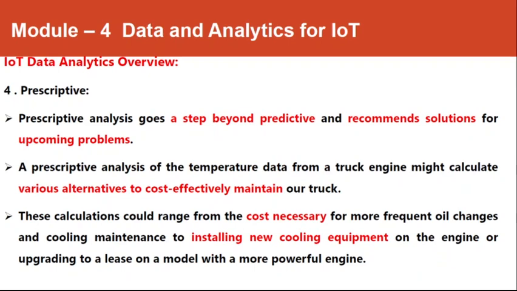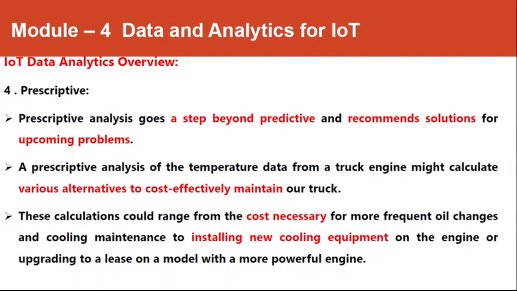The fourth type of data analytics result is prescriptive. Prescriptive analysis goes a step beyond predictive and recommends solutions for upcoming problems. A prescriptive analysis of the temperature data from a truck engine might calculate various alternatives to cost-effectively maintain our truck.